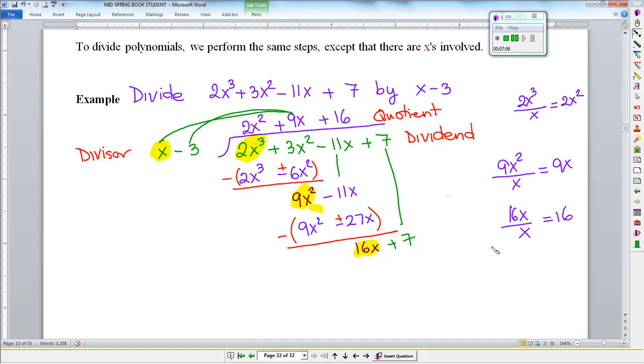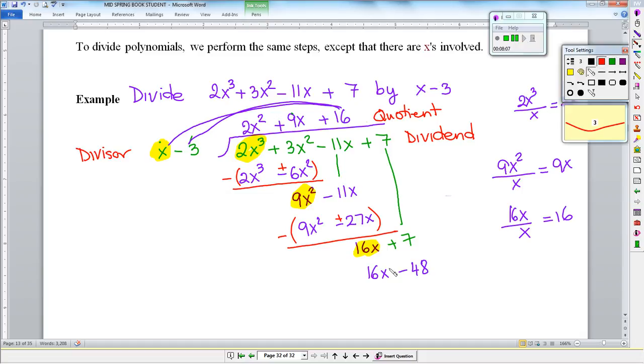Now let me erase this and draw a new one for you to see. 16 times x gives you 16x. 16 times negative 3 is negative 48.